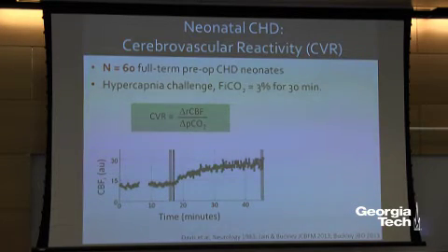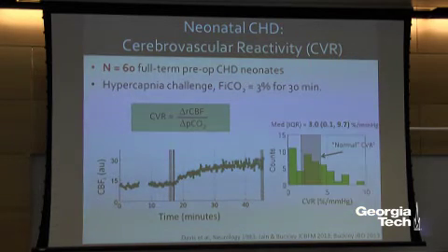But anyway, we quantified vascular reactivity as just the change in cerebral blood flow per change in partial pressure of carbon dioxide. And what we found was, despite the fact that our preoperative blood flow were substantially different than normal, in general, this cohort had very well intact cerebrovascular autoregulation.